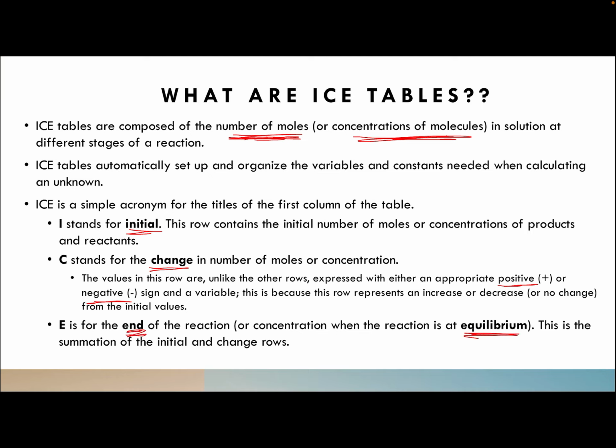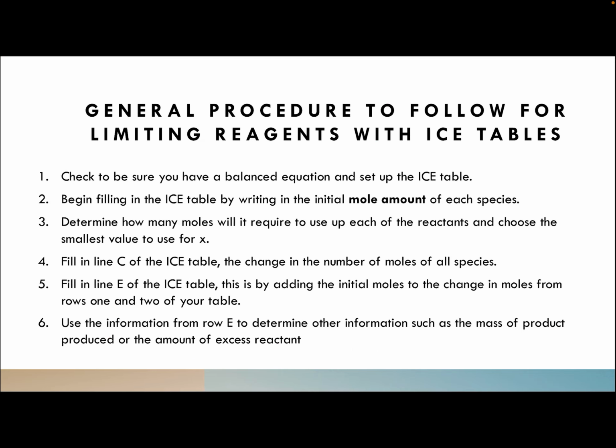Sometimes, like I said, it'll be equilibrium. It just depends on what chapter we're looking at, or whether your reaction has a forward arrow or a double-headed arrow. If it's a forward arrow, then it would represent end. If it's a double-headed arrow, then it's equilibrium. But either way, this is the summation of the initial and change rows. So you're going to add up the first two rows.